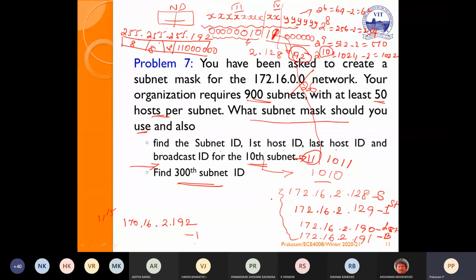Okay. For example, in this case we are asking for 300 subnets.